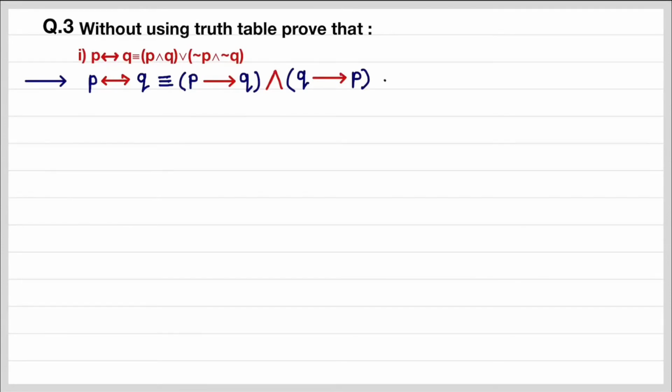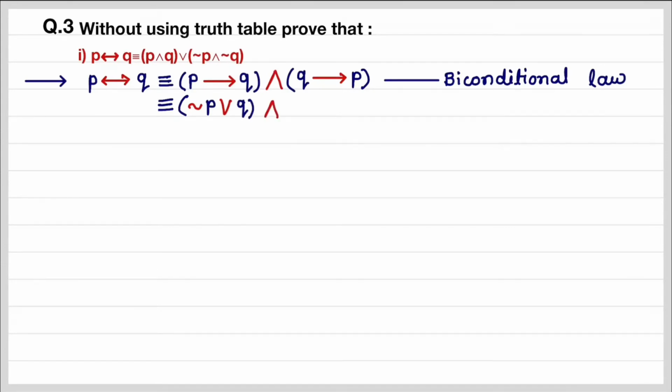We know implication is equivalent to negation of the first statement or the second statement. So P implies Q is equivalent to negation of P or Q, and as for the second bracket, Q implies P is equivalent to negation of Q or P. Here the reason is conditional law.